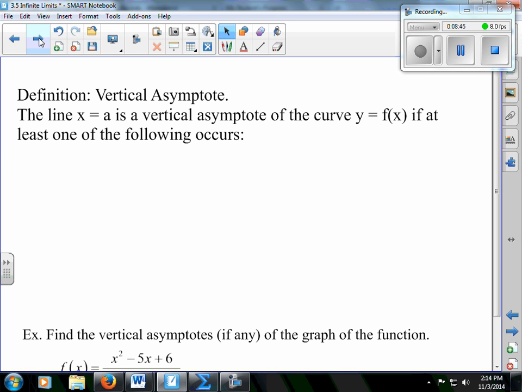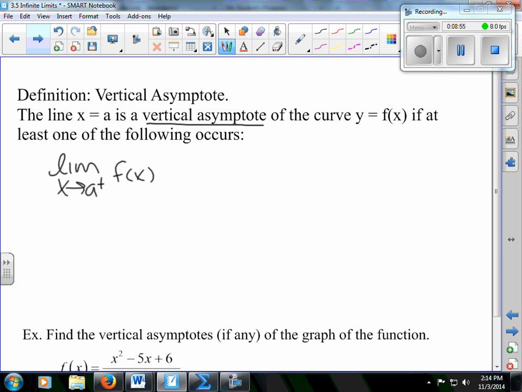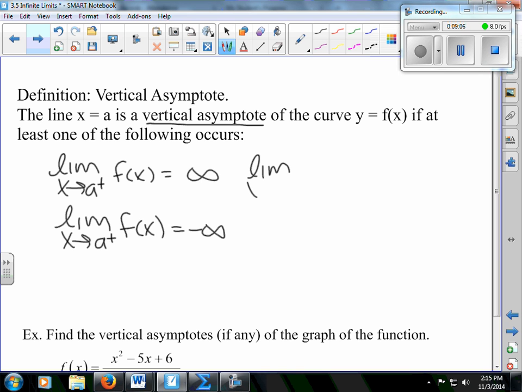So if x equals a is a vertical asymptote, then at least one of the 4 things happens. And that is that as you approach a from the right, maybe you get infinity. Or maybe if you approach a from the right, you get negative infinity. Maybe if you approach a from the left, you get infinity.